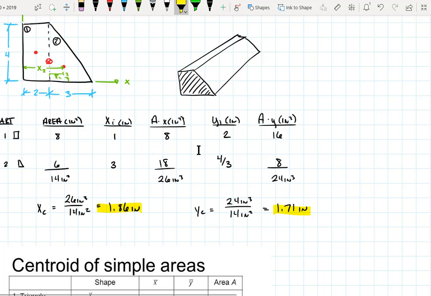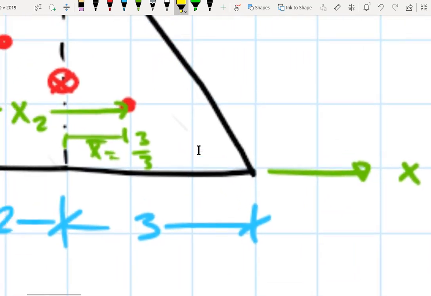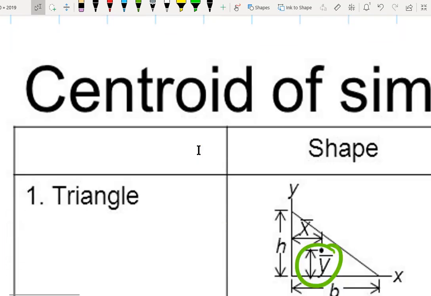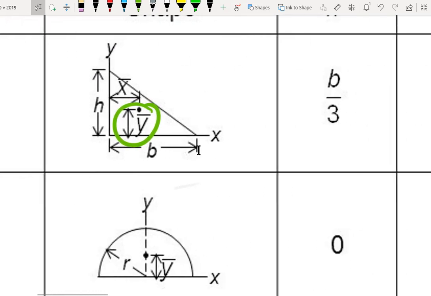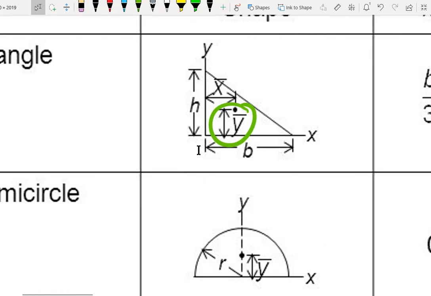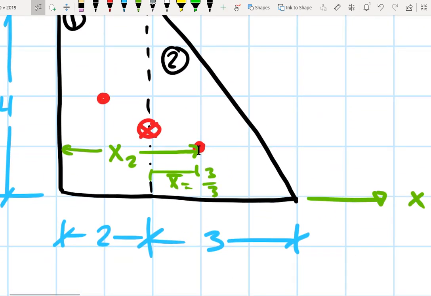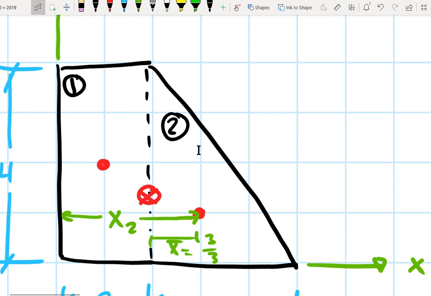Yeah. So what is that stuff? What's that green stuff that's underneath where the centroid thing is? What does that say, like the X? That was just the time I labeled X2. In that particular case, what you read from the chart is that for a triangle, X is B over 3. But that is not what goes into the equation, because X2, the thing you actually want to put into the equation, is measured all the way from the y-axis, which you can't see on this picture, but the y-axis goes all the way to the left edge of this part.